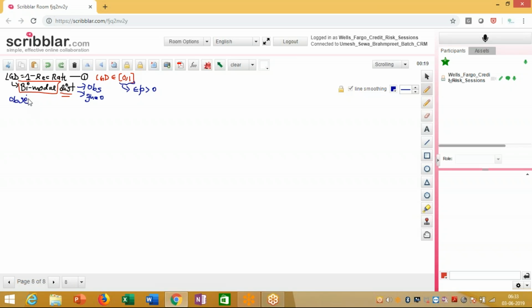We start understanding this concept of distribution from the observed distribution. The first over here is the observed.